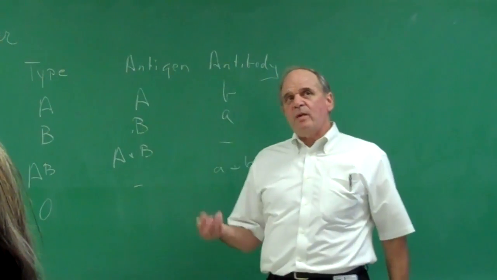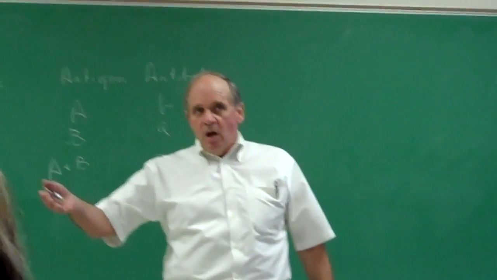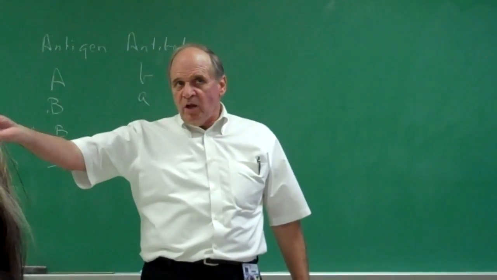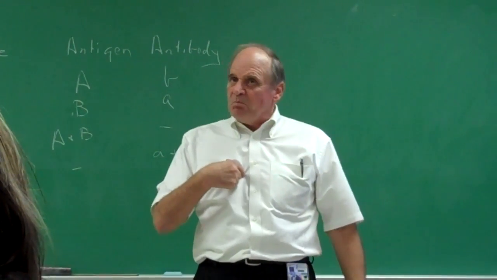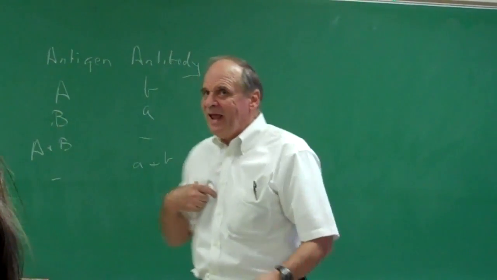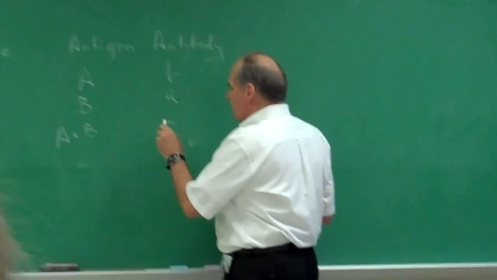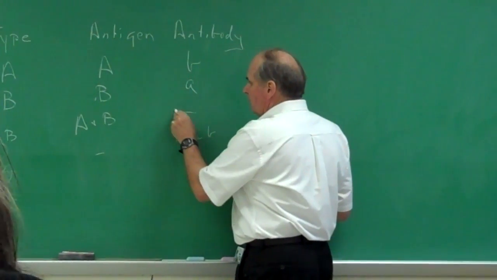Many years ago, they would say type O blood is a universal donor. You can give blood to anybody. Say I'm type A and bleeding, and they don't have my type of blood. In an emergency, they can give me O, but let me show you something. This would work with my blood.